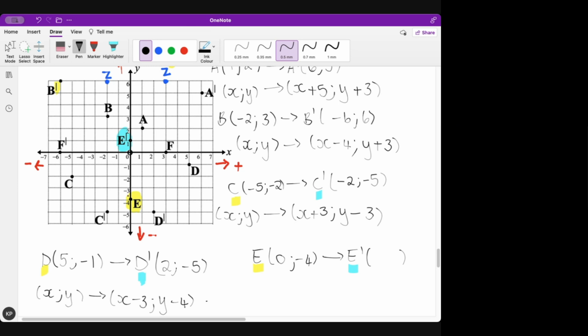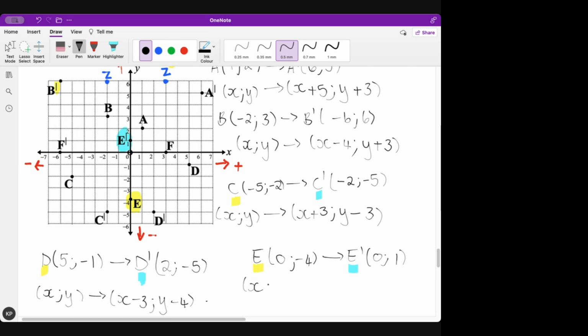As we spoke about, it didn't move anywhere sideways. So your X coordinate is 0 and your Y moved down 4 times, which means my coordinate for E prime, which also didn't move anywhere sideways, will be 0 and 1.